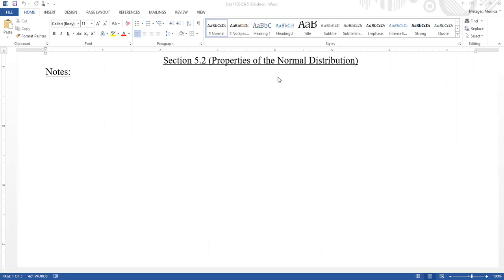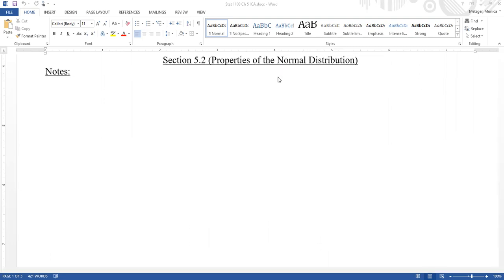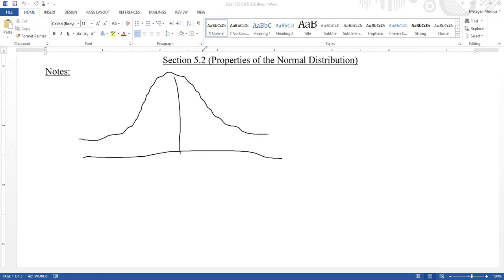So whenever we are considering 2 standard deviations, we have our mean in the middle. So again, we have our curve.